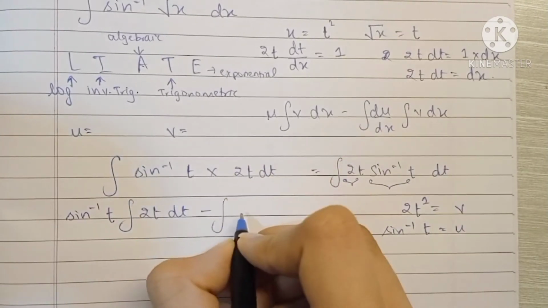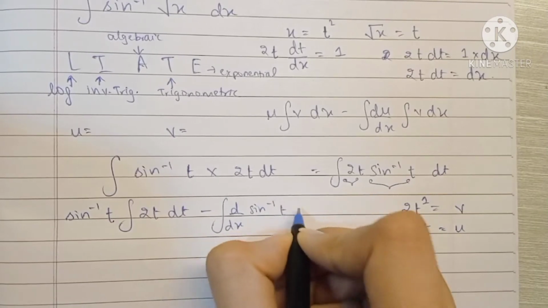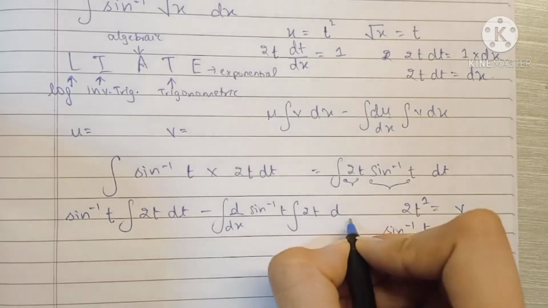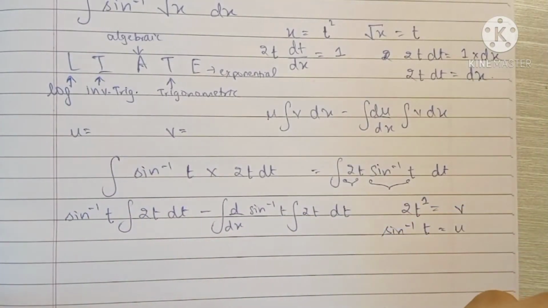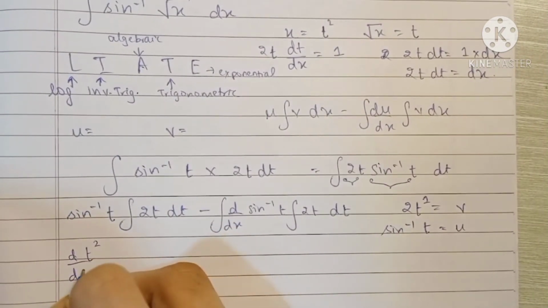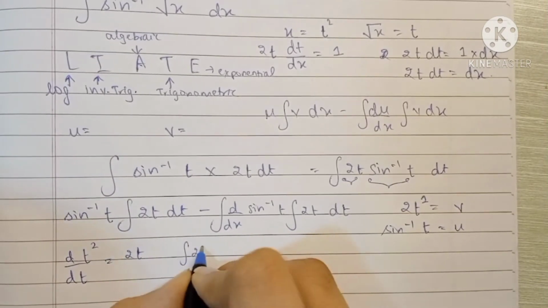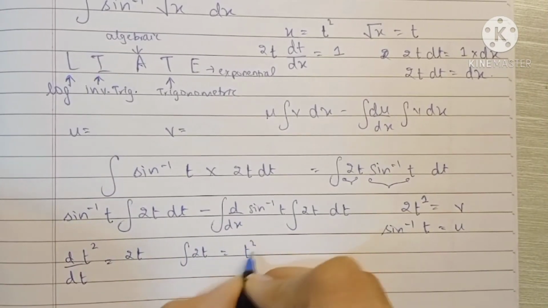Now we have u, that is sine inverse t, into the integration of v, that is 2t, minus the integration of the differentiation of sine inverse t into the integration of v. So we know that when we differentiate t square, we get 2t, which is why the integration of 2t is t square.